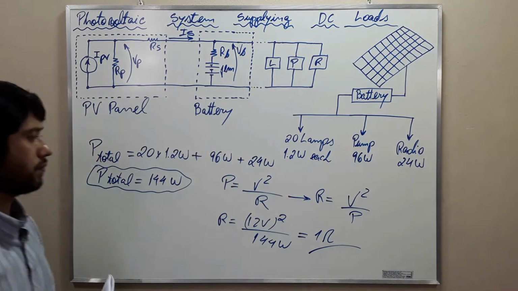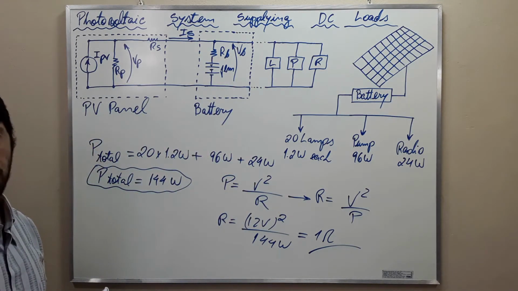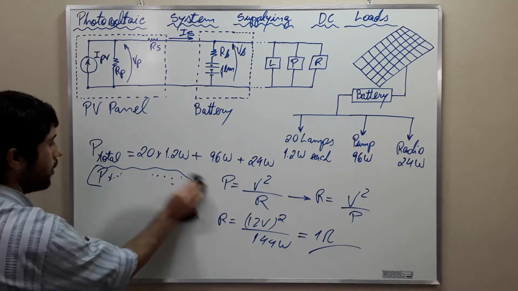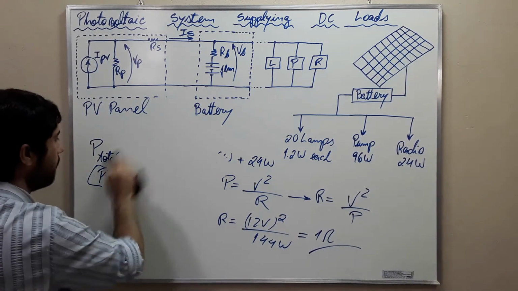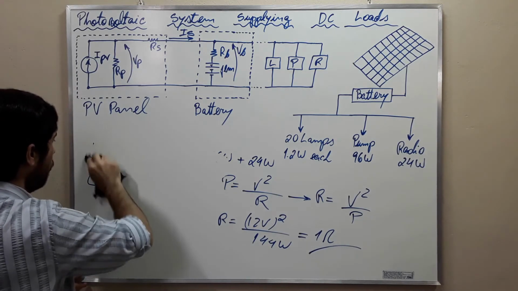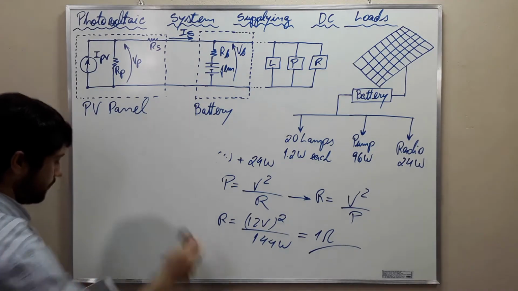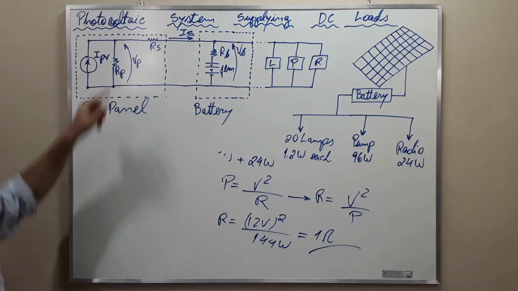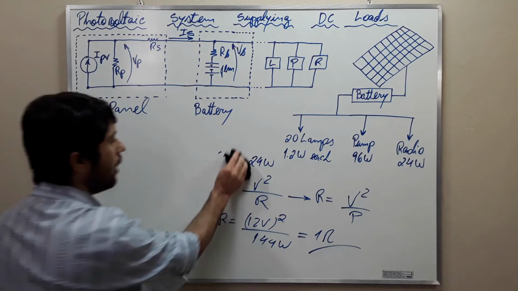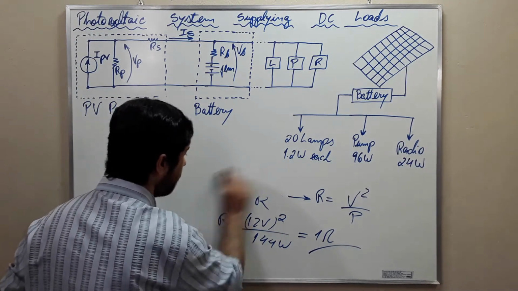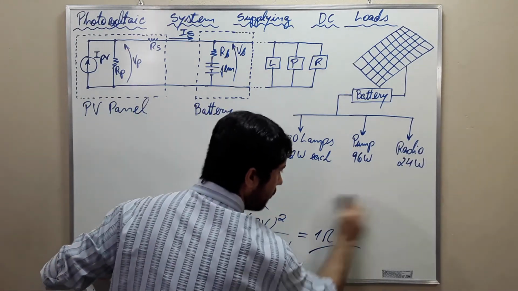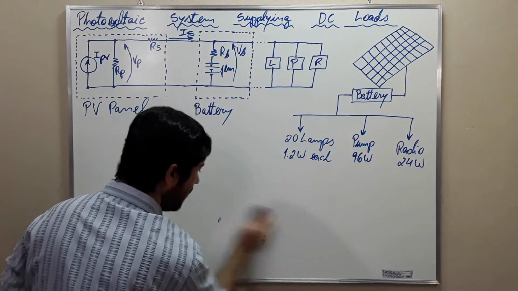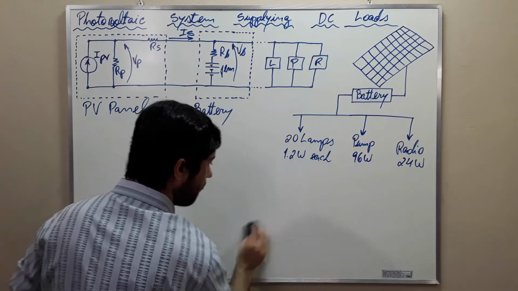Alright. Can we go to letter B? Let's do it. Now we are going to talk about letter B. Letter B wants us to calculate IPV. I'm going to erase it here to get some room for our calculation.